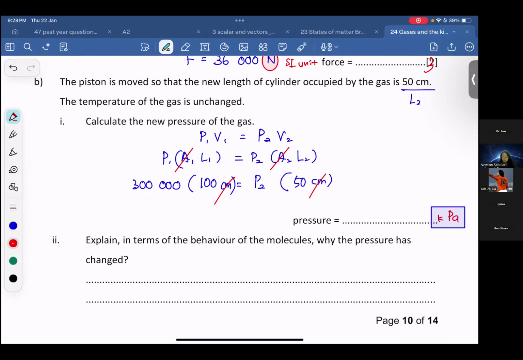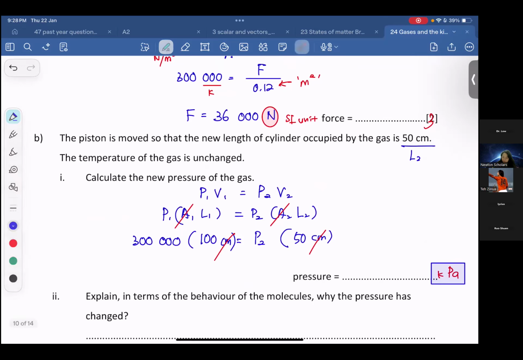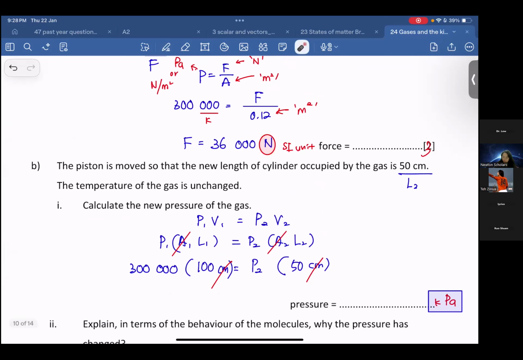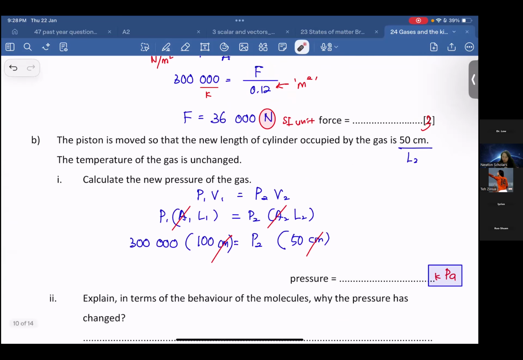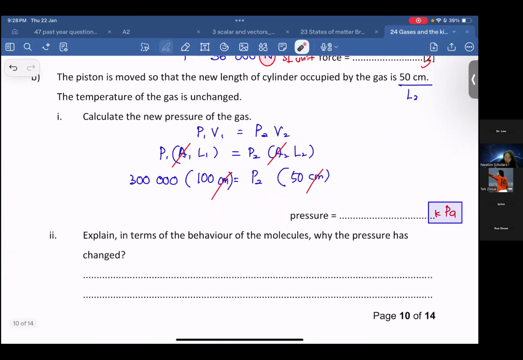The answer is the same. At the end, cm and cm cancel, so we don't need to purposely convert cm to m. It's different from what we did just now, because there my final answer was force, in Pascal, an SI unit, so this also has to be SI unit, and I have nothing to cancel. So your answer for P2 should be 600,000 Pascal.